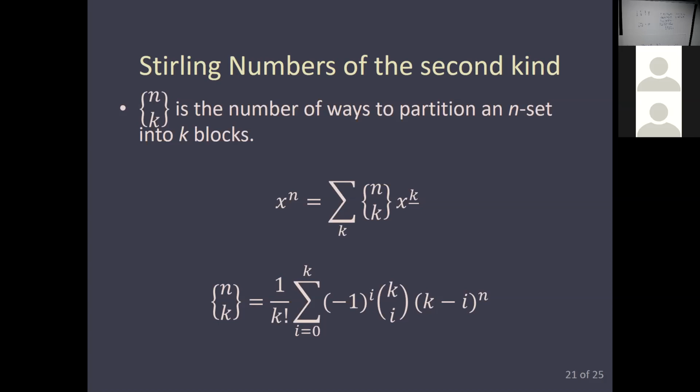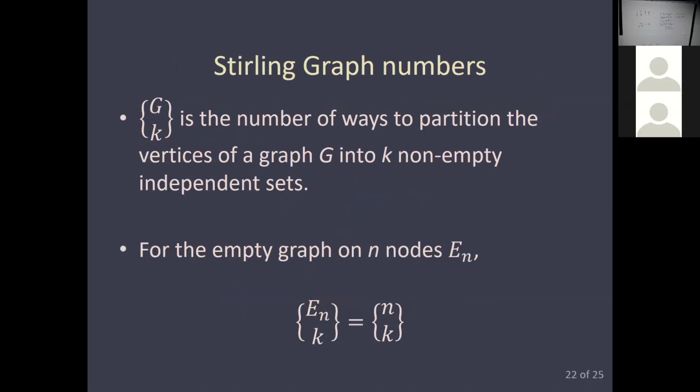So anyway, that's kind of nice. That's part of the reason I think our book focuses on these. Also, partitions is something that we dealt with a little bit more than permutations. And because of this, the idea of partitioning is pretty easy to extend to graphs.